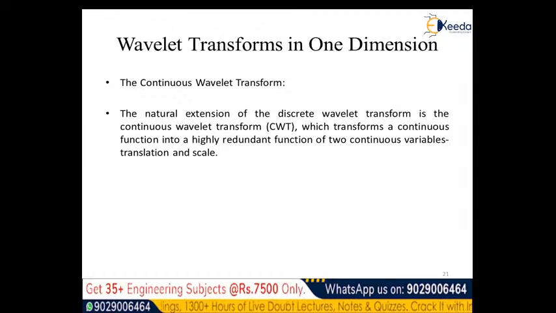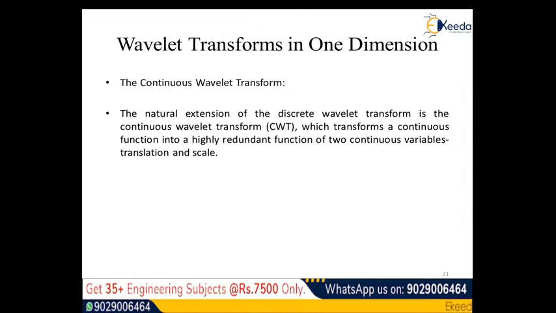The abbreviation we can use is CWT for the continuous wavelet transformation and DWT for the discrete wavelet transformation.